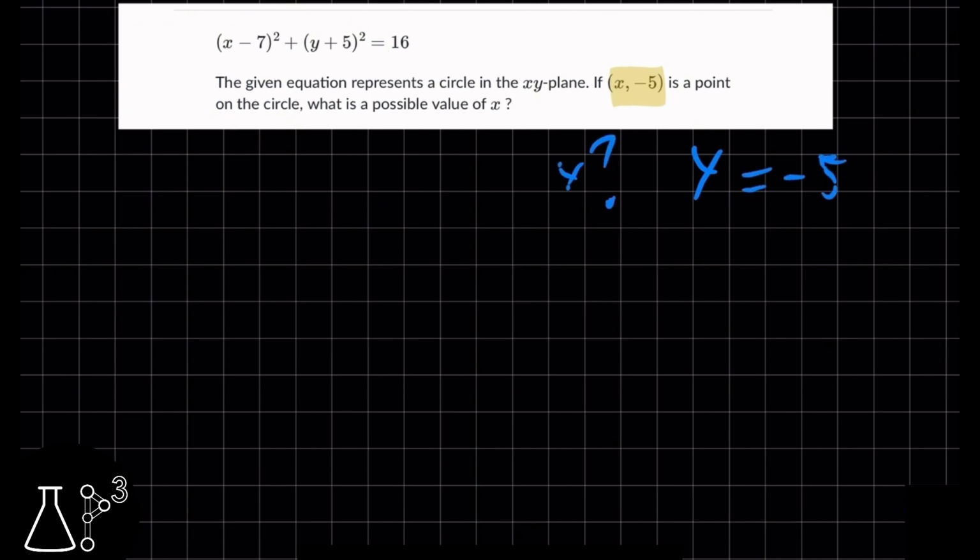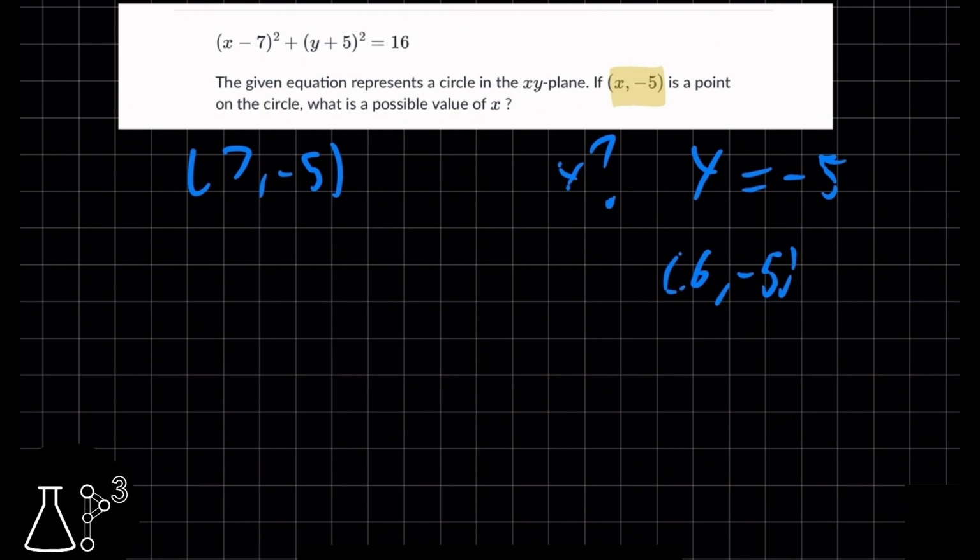Now we know the center of the circle is (7, -5), because anytime they give you two numbers in this circle formula, it's always the opposite. For example, let's say the middle is (6, -5) and we place these numbers in the formula.